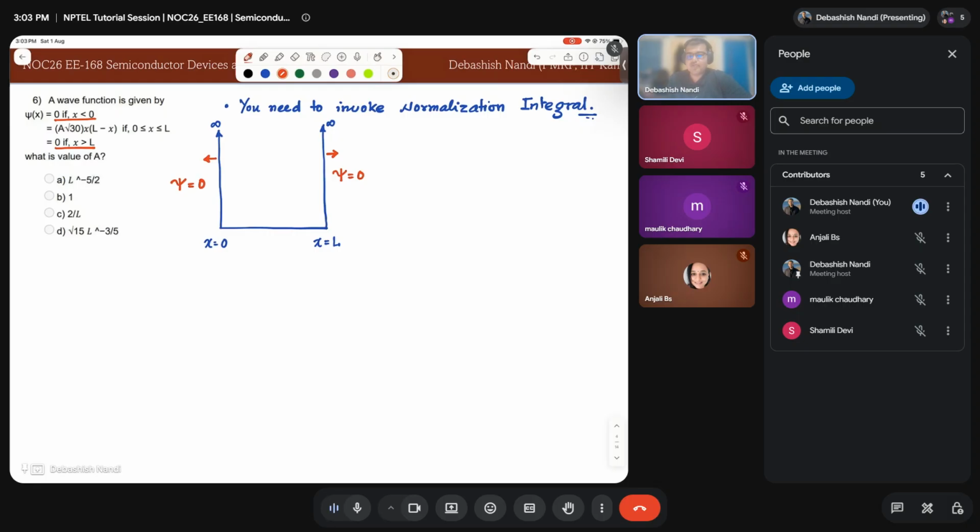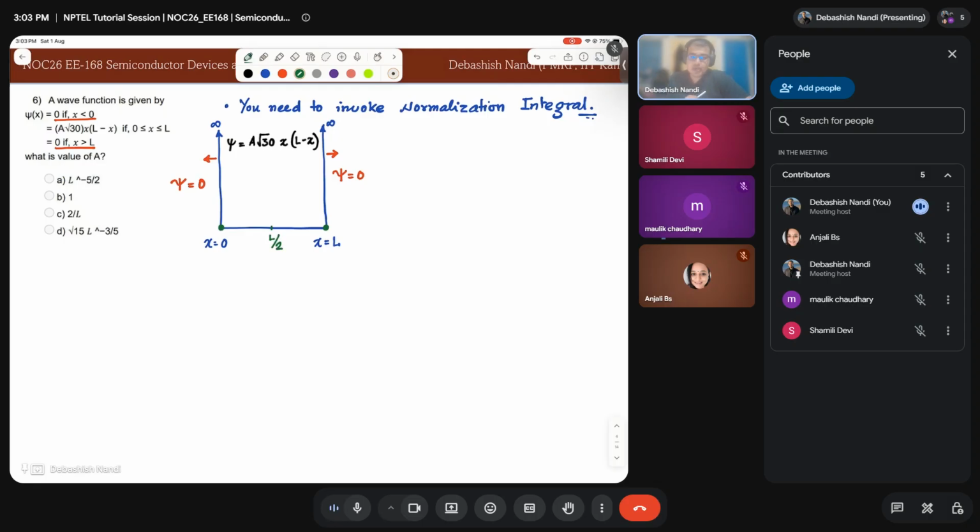And then we have some kind of wave function inside this. So inside this we have psi equal to A square root 30 x (L minus x). How does it look? If I put x equal to 0, I'll have 0. Put x equal to L, again I'll have 0. How about L by 2?